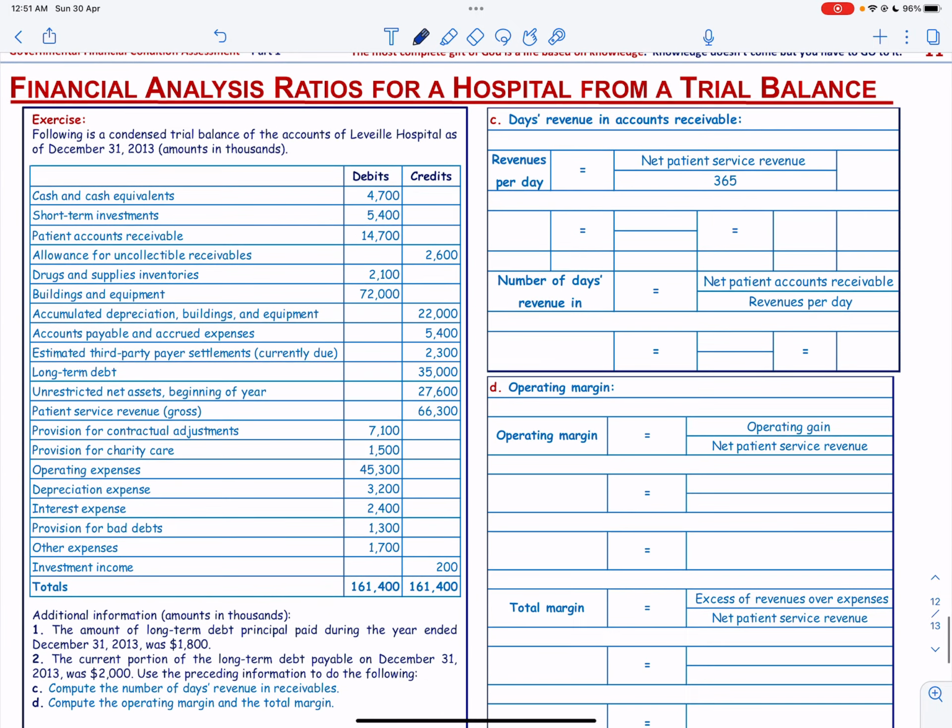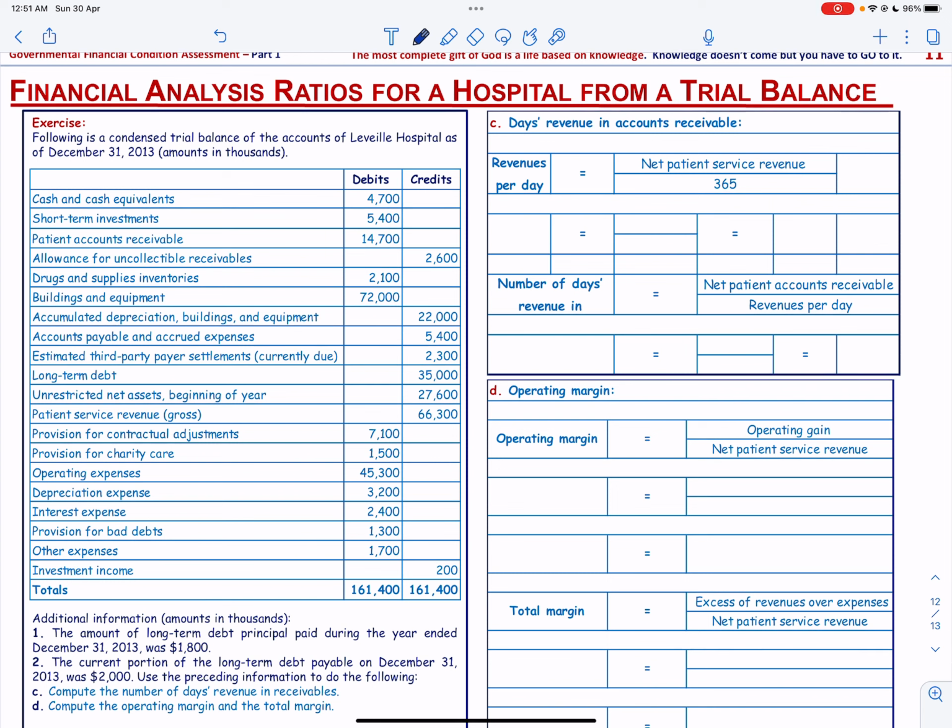And in this slide we will be able to solve C and D. Compute the number of days revenues in receivables. So first of all, we are going to calculate the revenues per day, that is net patient service revenue divided by 365.